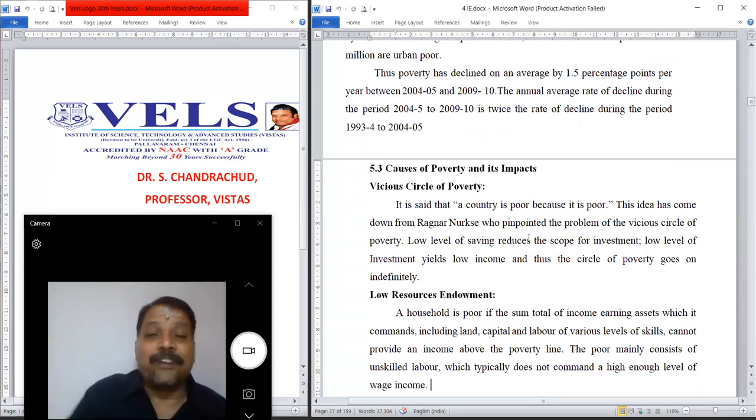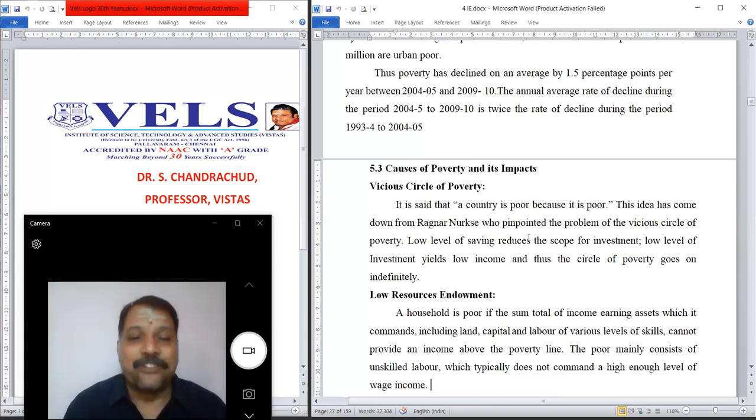The low level of saving reduces the scope of investment. The low level of investment yields a low income, and thus the circle of poverty keeps on going indefinitely. So the main reason for the continuation of poverty is the vicious circle of poverty. Who gave this particular concept?